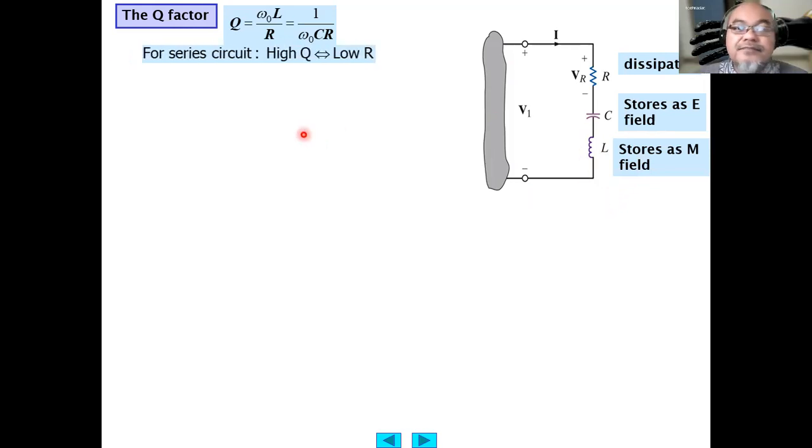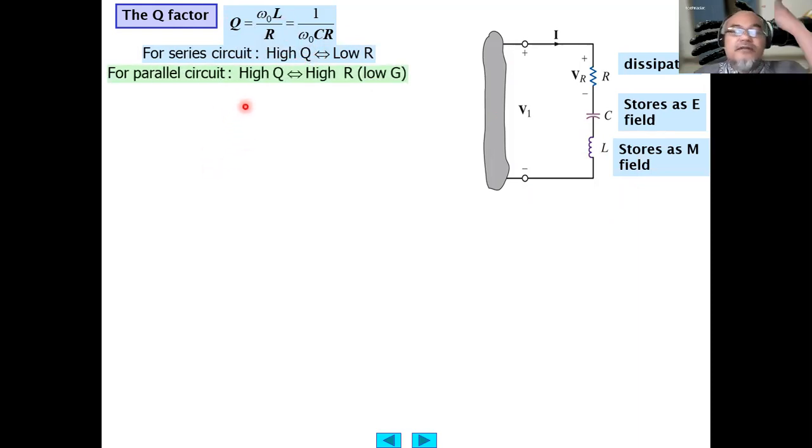From this formula, we know that for a series circuit, a high quality factor can be obtained when the resistor is low. When the value of the resistance is small, then the quality factor can be increased.